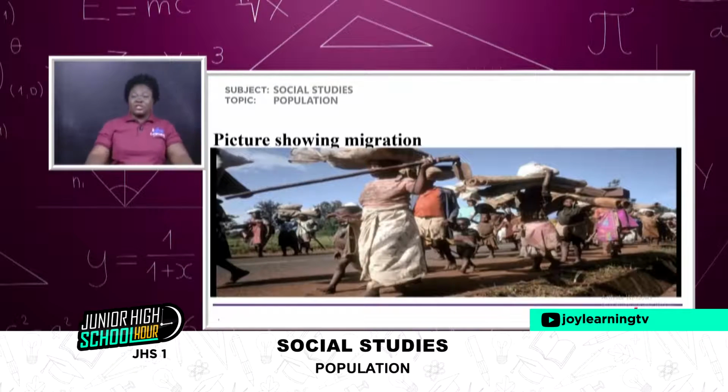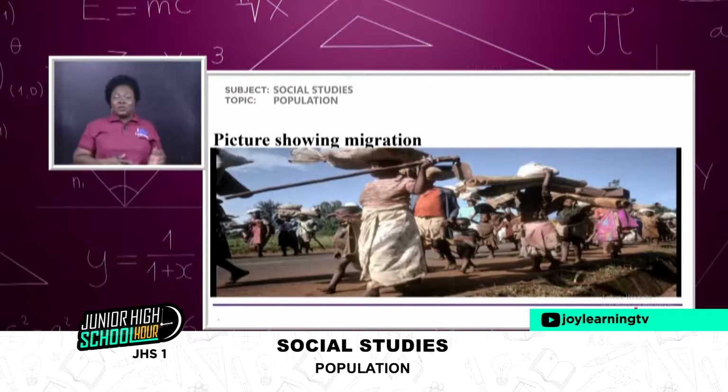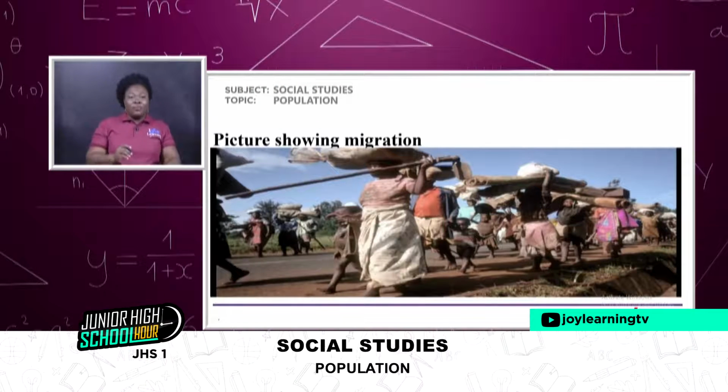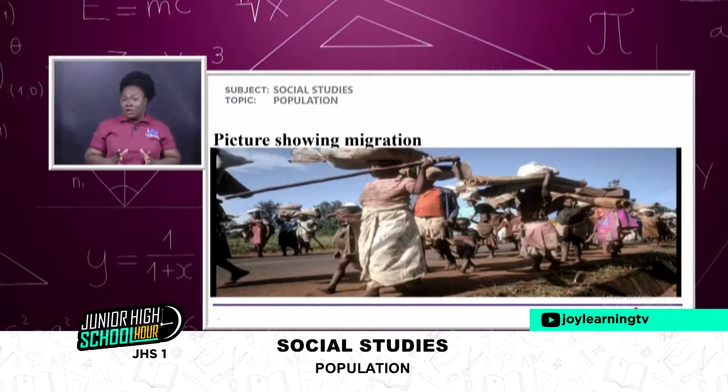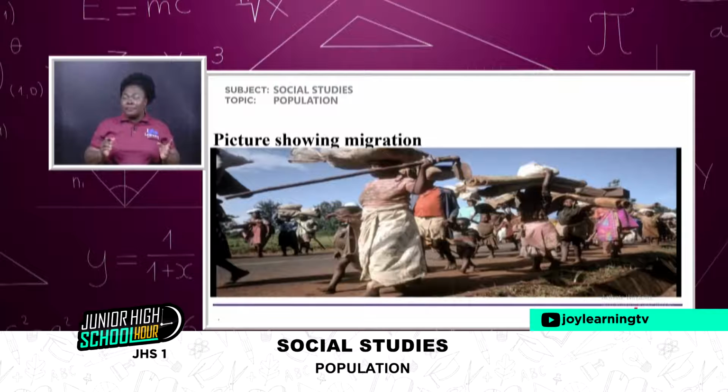So let's look at the picture of migration. You can see the people migrating from one place to another. So you can migrate from your house to another region. But moving from Kotobabi to La Paz is not migration. Migration is taking all your belongings, your things. And migration can be of so many types. War can even make people migrate.